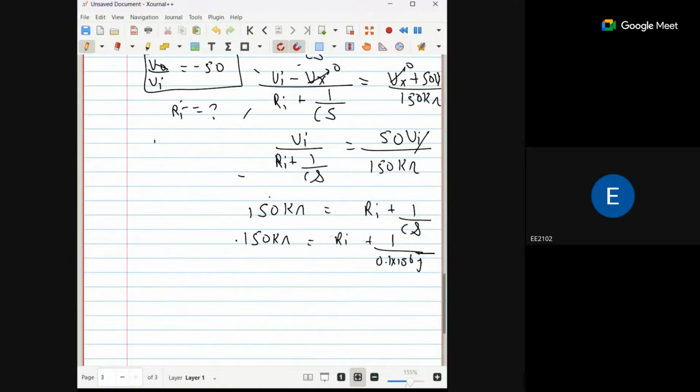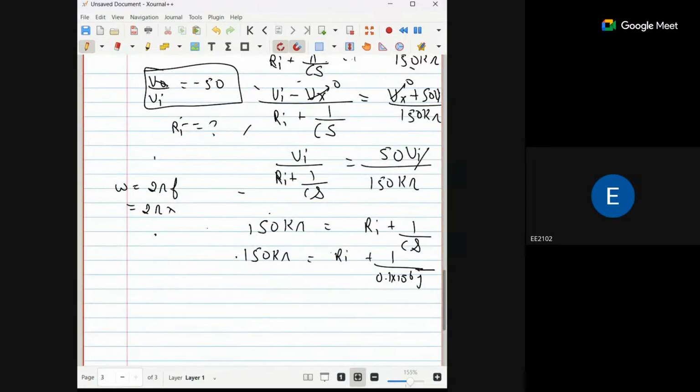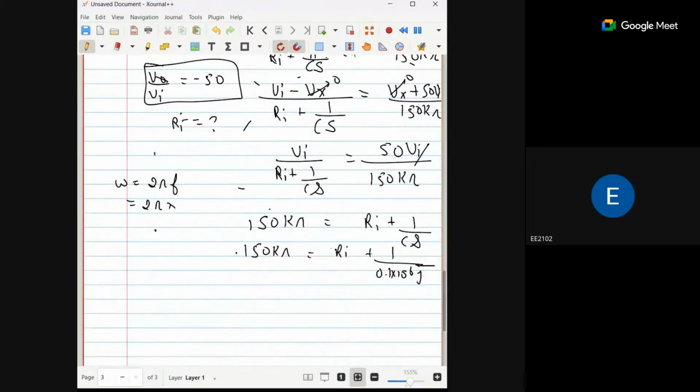And j omega value, 2 pi I have. So omega we can find out here. Omega is equal to 2 pi f. 2 pi into frequency, we have been given 50 kilohertz.